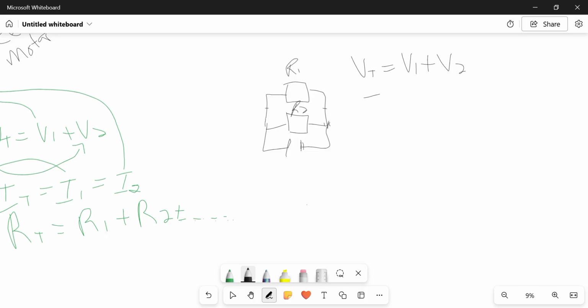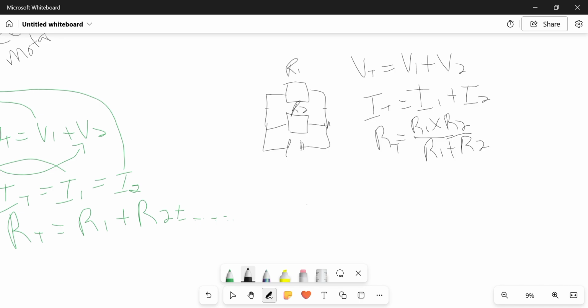The current is then divided, current at I1 plus the current at I2. Okay, and the resistance equals the combination of R1 times R2 all over R1 plus R2.